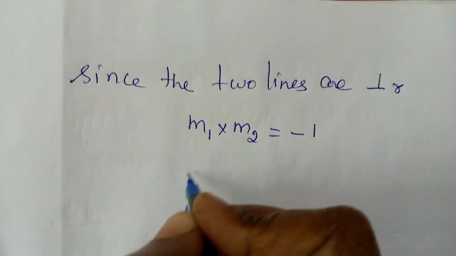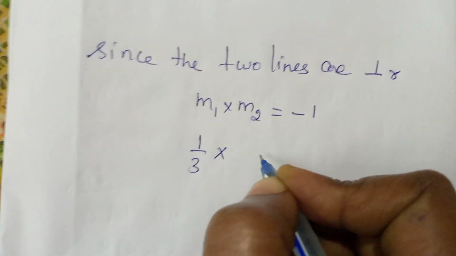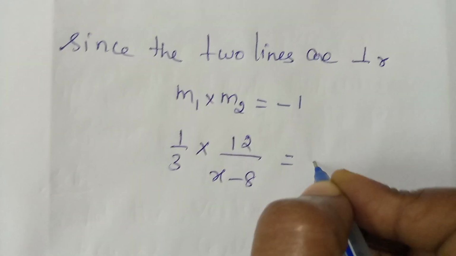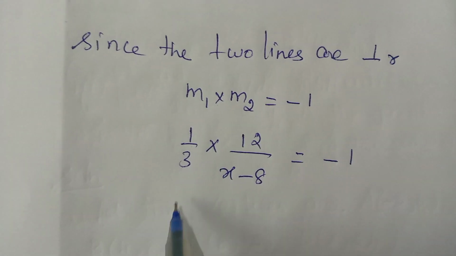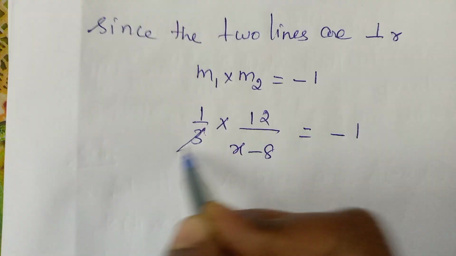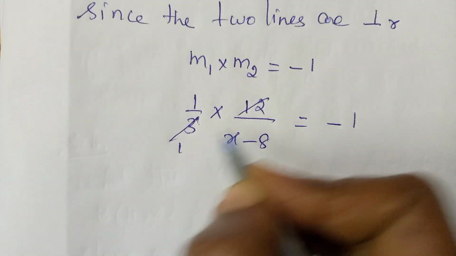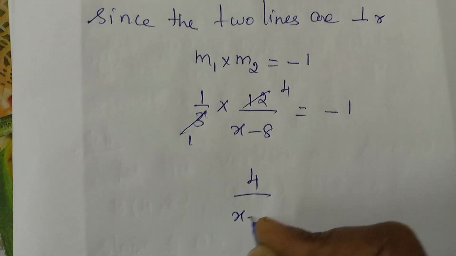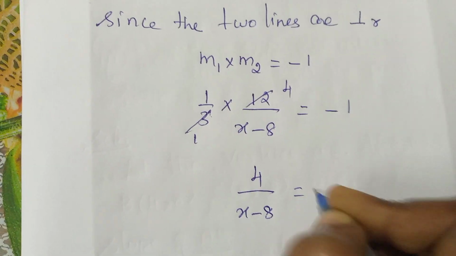What is M1? 1 by 3. What is M2? 12 by x minus 8, which is equal to -1. So we can cancel this 1 and here 4. So the remaining is 4 by x minus 8 is equal to -1.